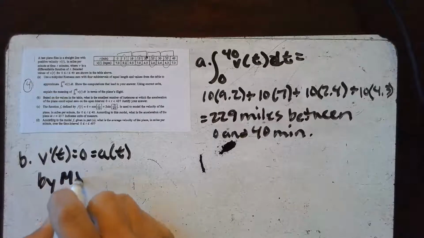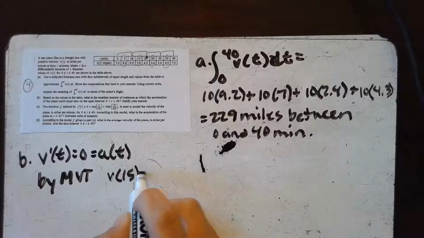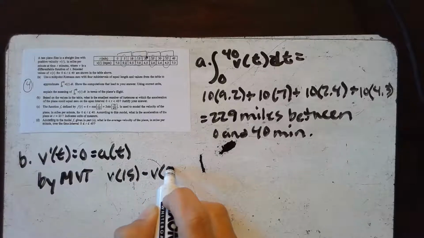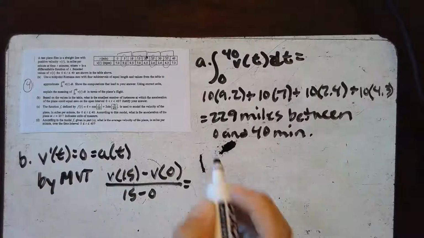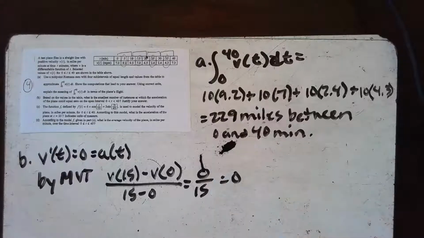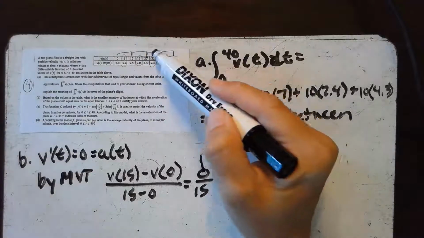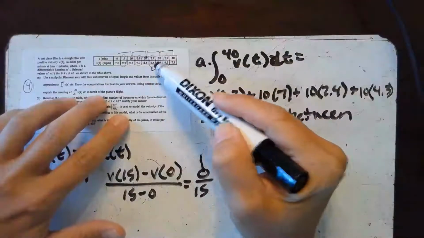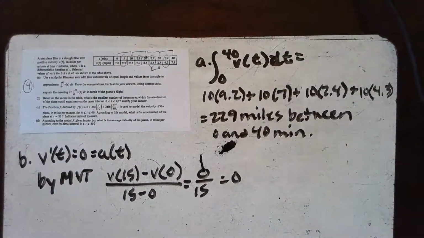By MVT, if we did v of 15 minus v of 0 over 15 minus 0, because these are both 7, we end up with 0 over 15, which is 0. And then the same thing here at 25 and 30, since these are the same as well, there's going to be 1 in between there.